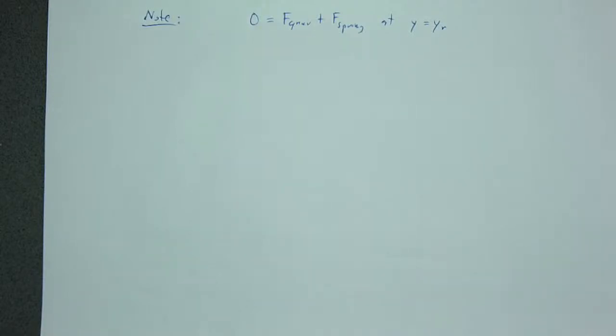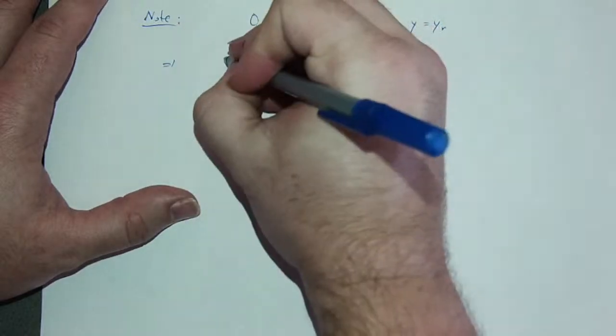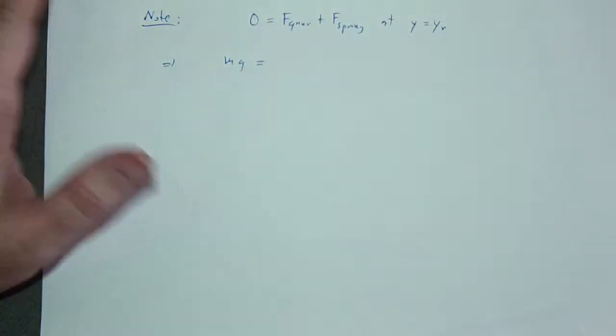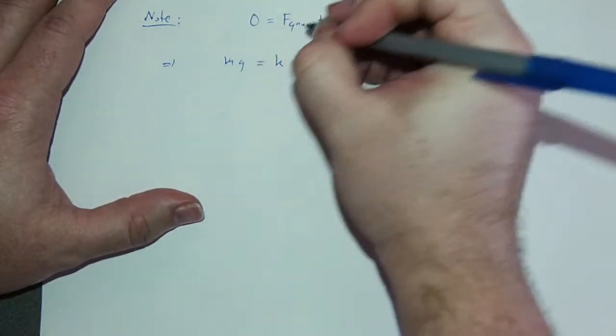The gravitational force is minus mg. I can move that to the other side. So this implies that mg is equal to k times the displacement.